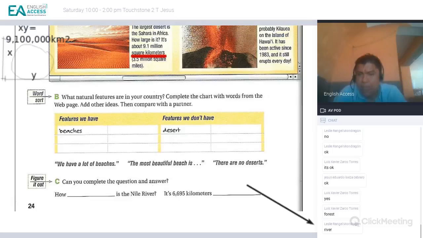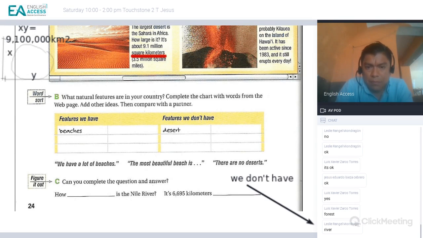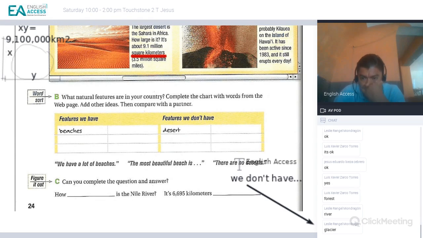We do have forest. Yes, we do. The ones we don't have. Only the ones we don't have. That's right. A glacier.